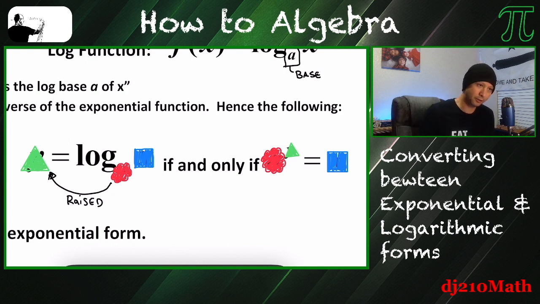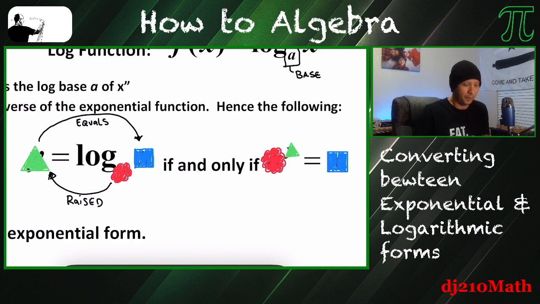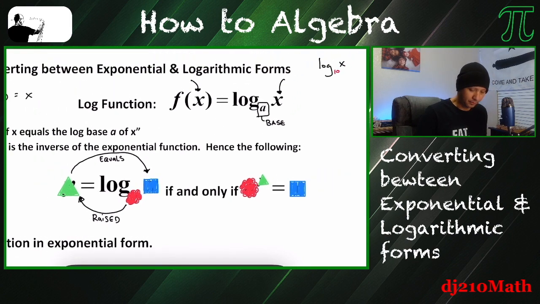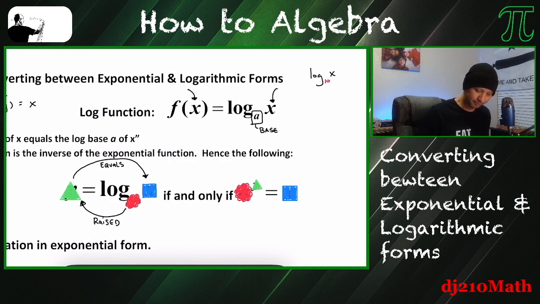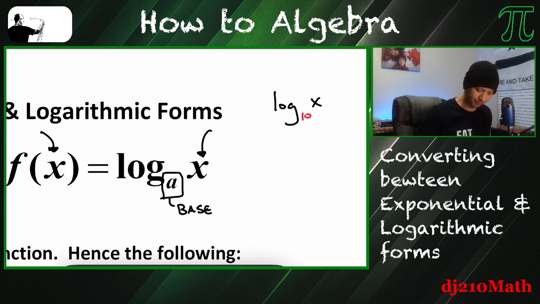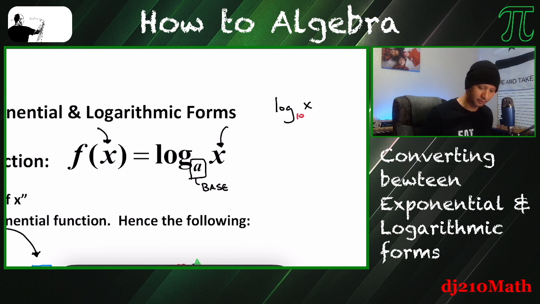Right, in this case, it's a triangle. And then it equals whatever the part that's here, right, the x part, it's the input, right? Or some people call it the argument.